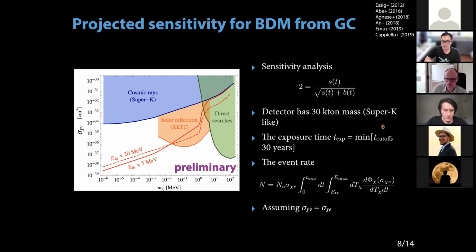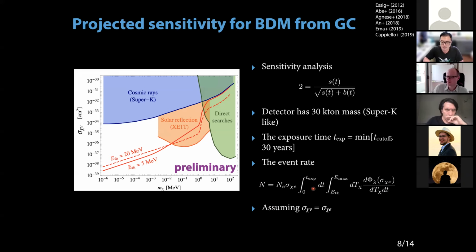And of course, we use this cutoff time to determine the detector exposure time. But for some heavy dark matter, the cutoff time will be longer than 30 years, and we don't want to spend so much time waiting for this event. So we set a cutoff for the exposure time of 30 years. And this is how we calculate the event rate.